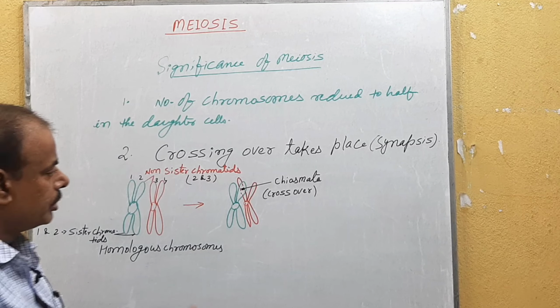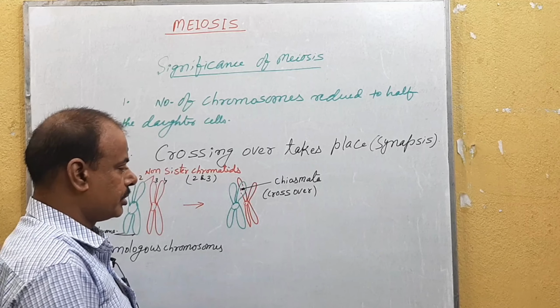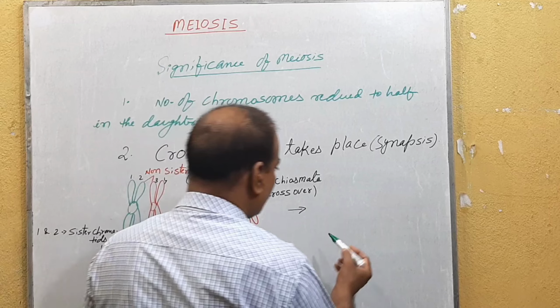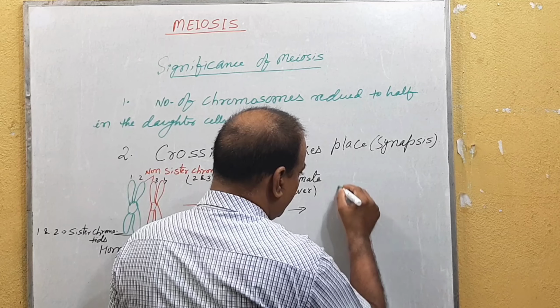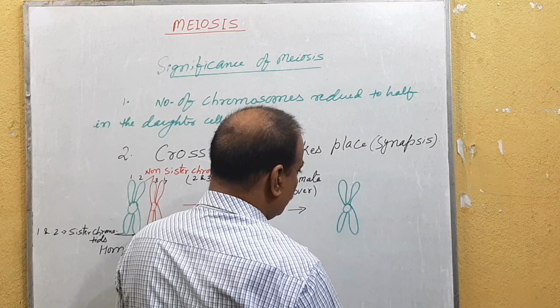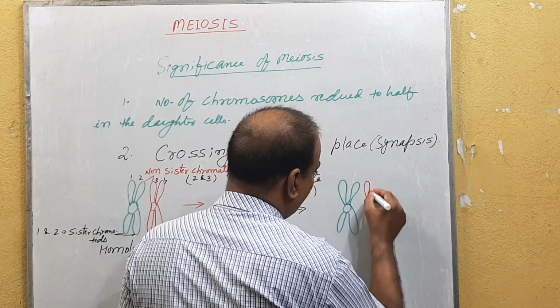Here, genetic material gets exchanged. After it, new recombinants form here.